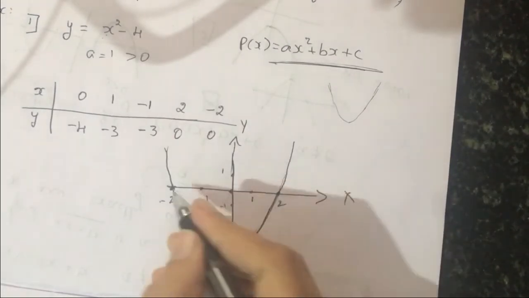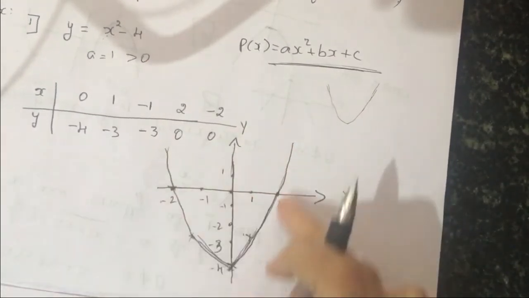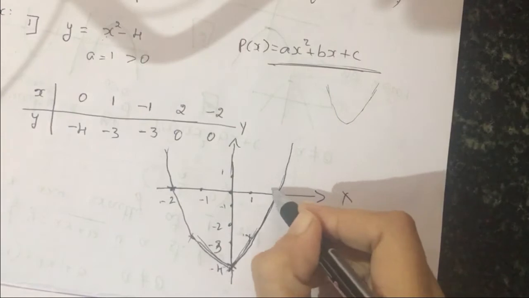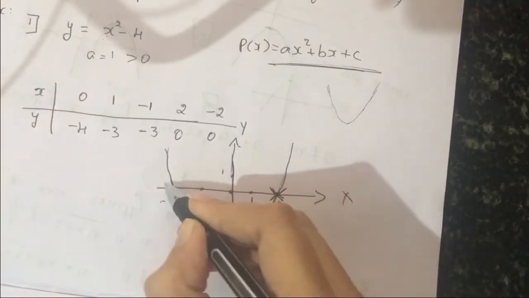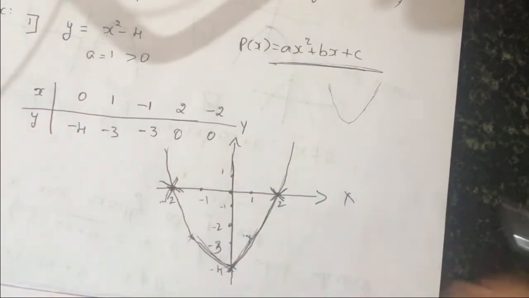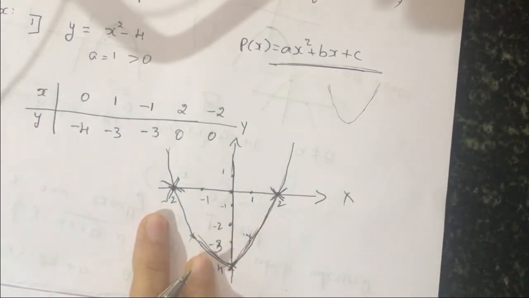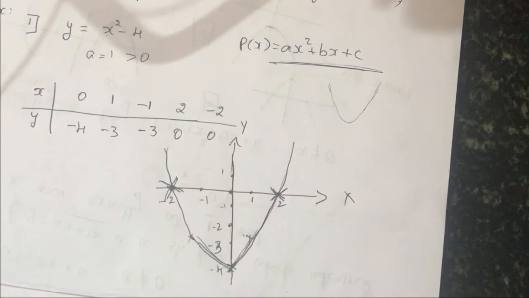Okay. Now see, look at the graph of this parabola, x square minus 4. It's intersecting the x-axis at 2 points, exactly at 2 points. One is minus 2 comma 0, another one is 2 comma 0.